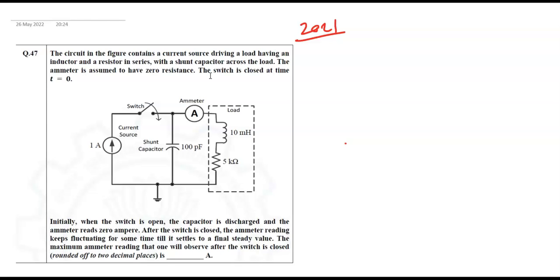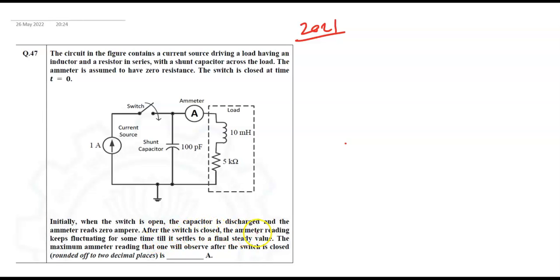The switch is closed at t equal to 0. So in a nutshell, this is the circuit. You have capacitor, inductor and resistor and an ammeter and 1 ampere current source. Initially the switch is open, so it is clearly indicated in the circuit. The capacitor is discharged and the ammeter reads 0 amperes.